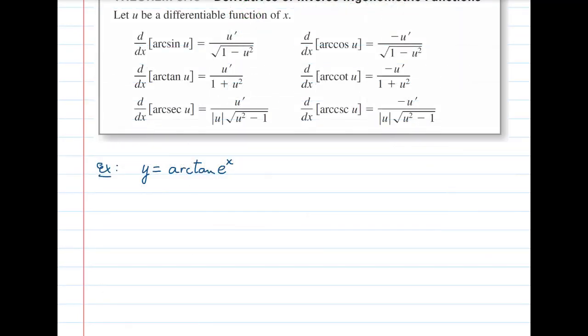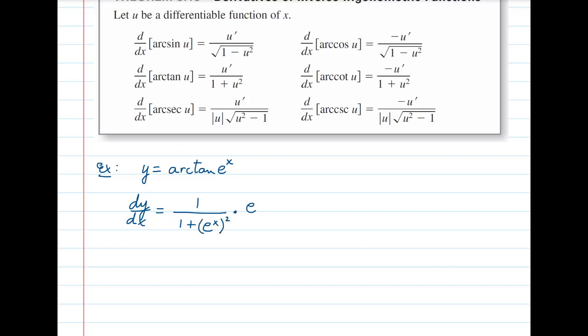All right, so let's look at a quick example here to show how the rule works. We have y equals arctangent of e to the x. Want to find the derivative of y. It's the derivative of arctangent. So you look at your rules here. Arctangent is going to be 1 over 1 plus the input or the argument of arctangent squared, which in this case is e to the x, all of that squared.